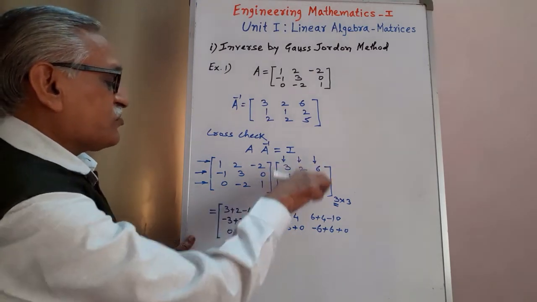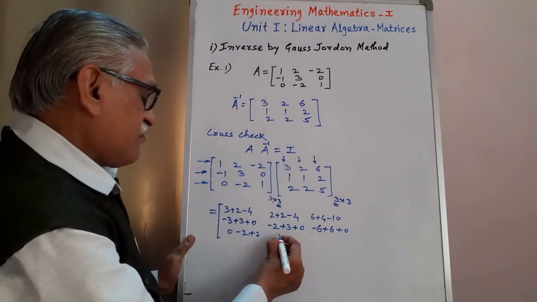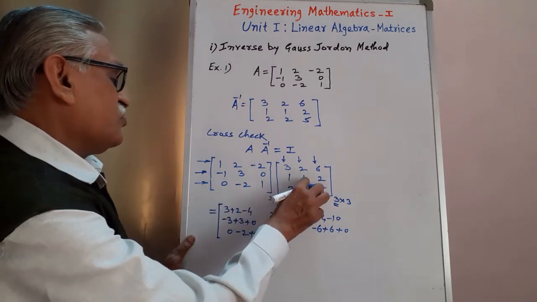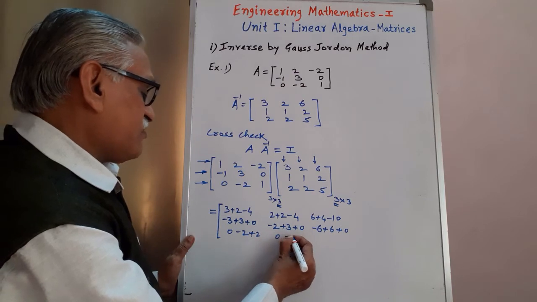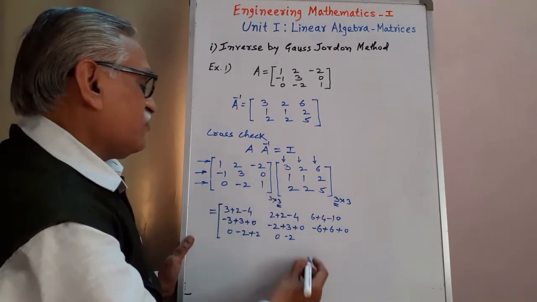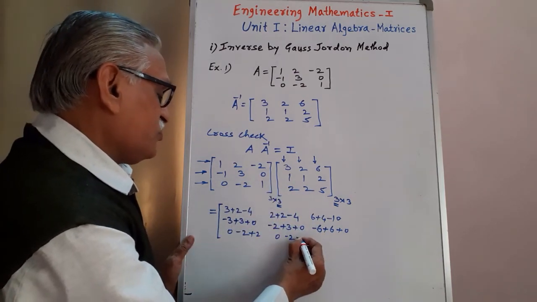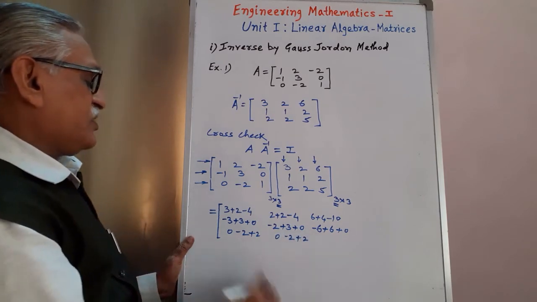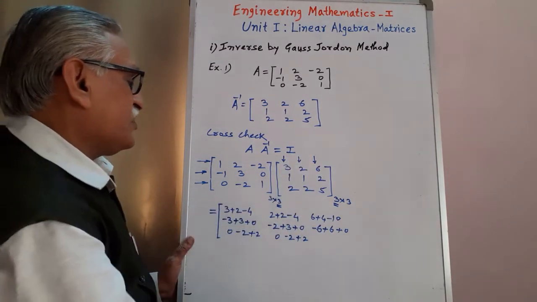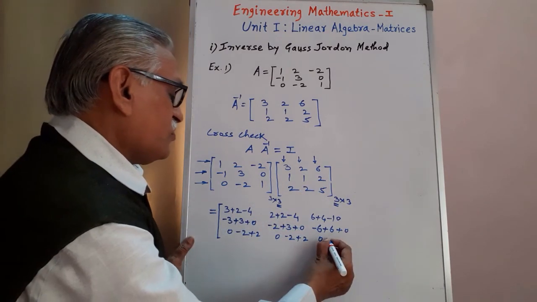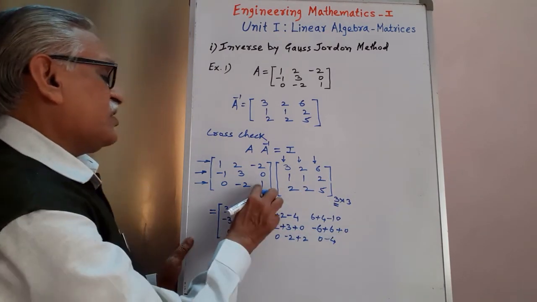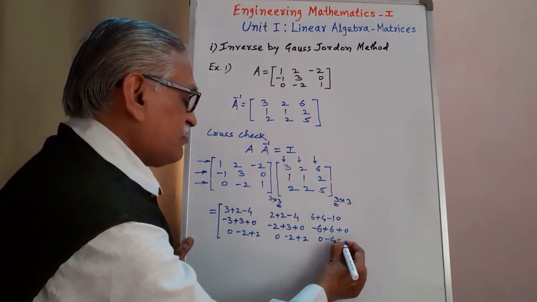Then by this row to the second column, 0, minus 2 into 1 we get minus 2, and 1 into 2 we get 2. Then by this row to the third column, 0, minus 2 into 2 is minus 4, and 1 into 5 is plus 5.